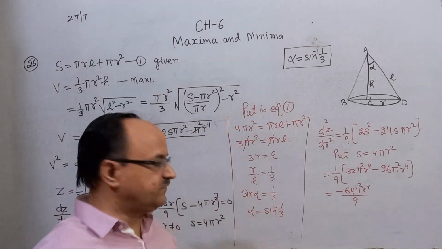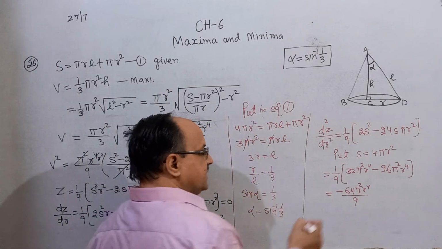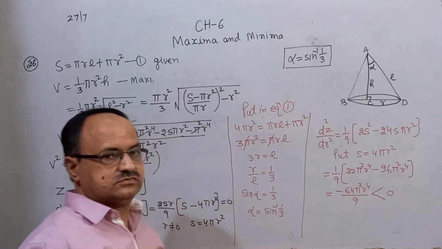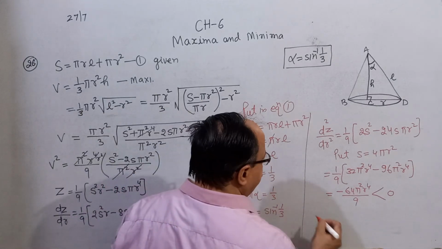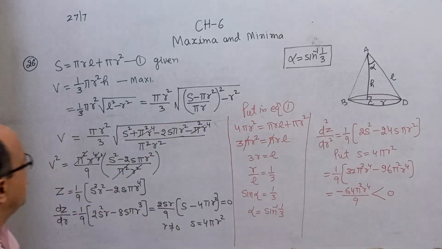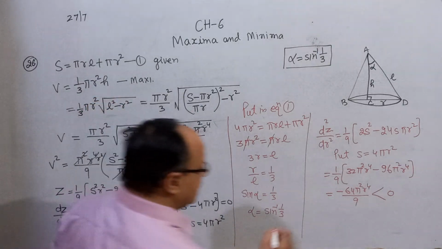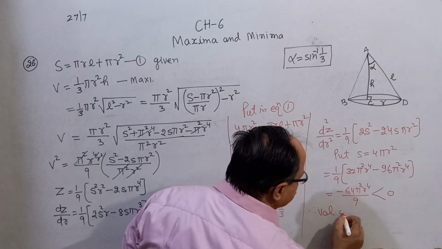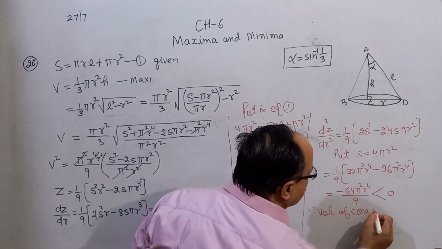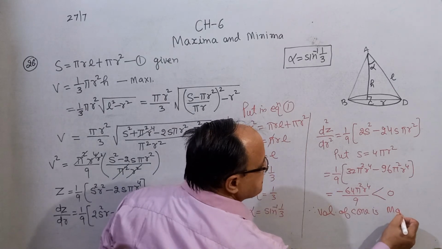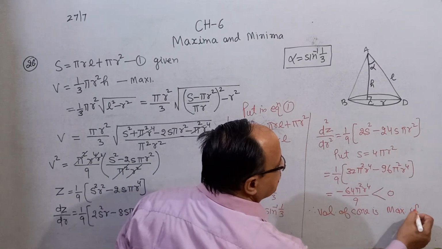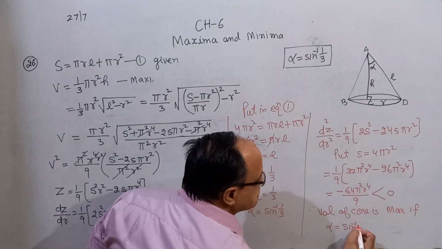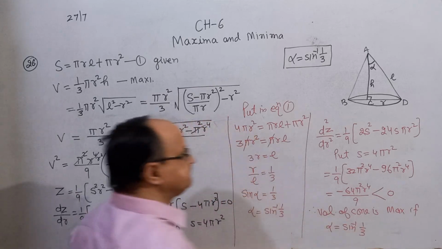You know that R to the power 4 is greater than 0 and pi square is also positive. Therefore, overall this is less than 0. If the second order derivative is less than 0, the volume is maximum. Therefore, the volume of the cone is maximum if alpha is equal to sine inverse 1 by 3.